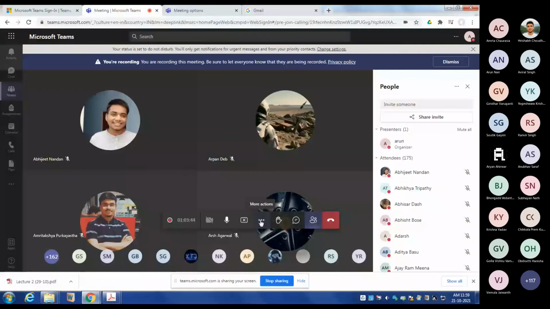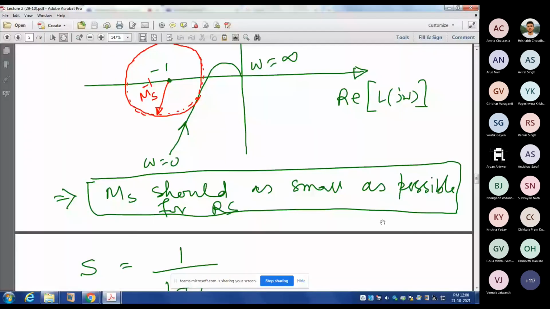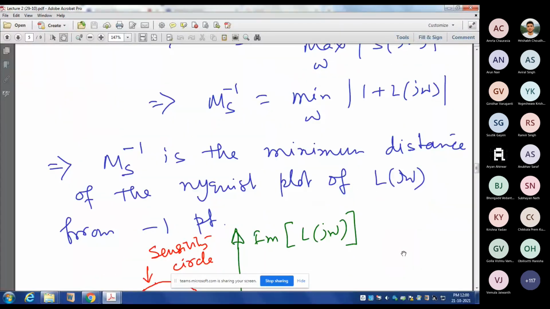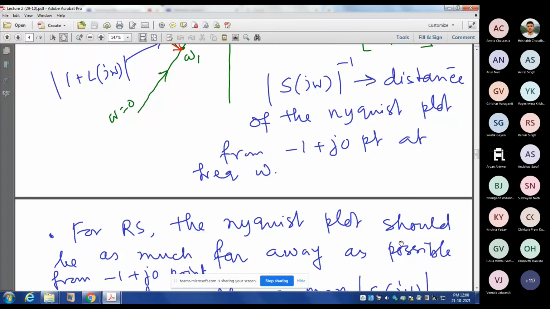Sir, just a request: can you also tell us which book chapters we can refer to for the topics discussed in each lecture? Yes, I understand, but as I said, I am not following any particular book. I have followed 5-6 books, and I also have more than 10 years of experience in this field, so I am applying my own concepts.